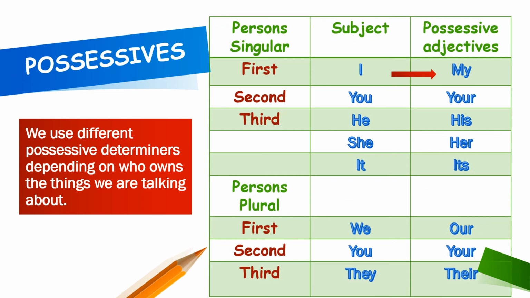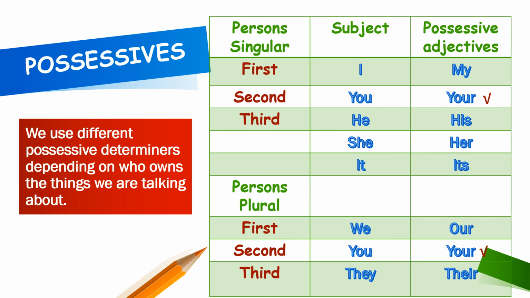Subject I will be changed into my, we will become our, you will become your, they becomes their, he becomes his, she becomes her. My, her, his, and its are used with singular nouns, while our and their are used with plural nouns. Your can be used with either singular or plural nouns depending on the sense.